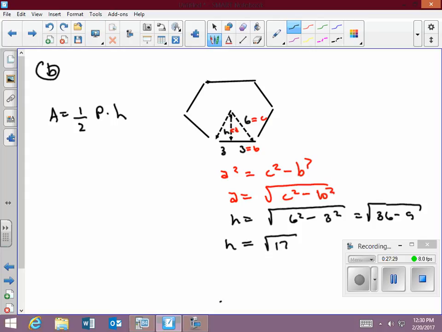So 27. That's 3 cubed, isn't it? Is that right? So then this is 3 square root of 3.